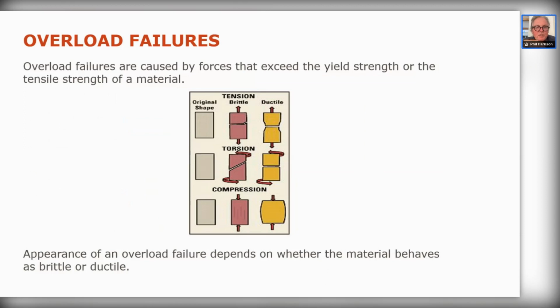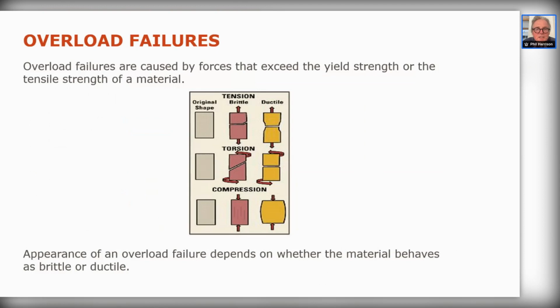So initially we're looking at overload failures. These are where we've exceeded the yield strength or the tensile strength of a material. This is where we've pulled it, where again, it's gone outside of its design envelope. But the appearance of a fracture surface, or the angles, can tell you what type of failure it is.